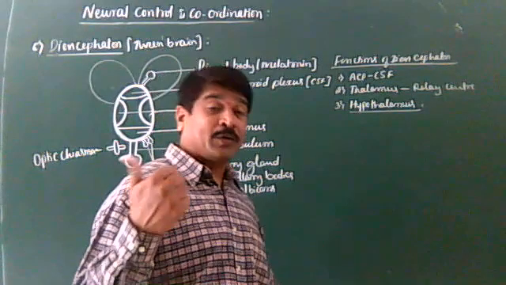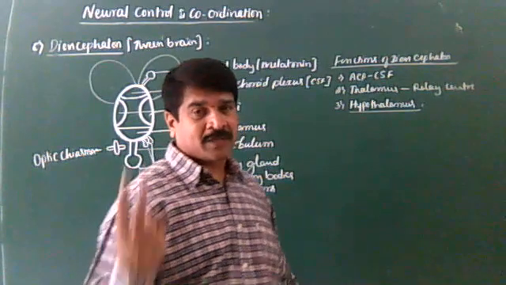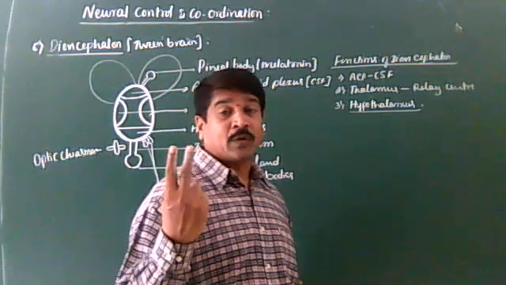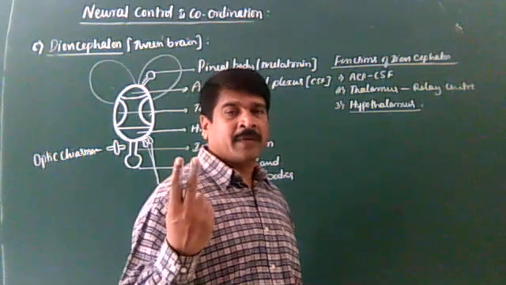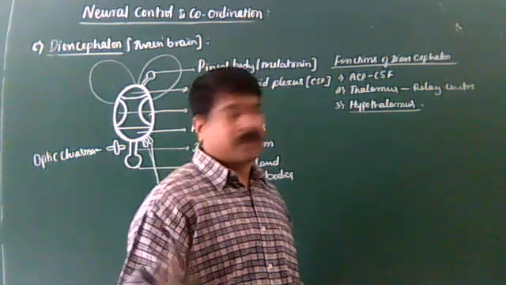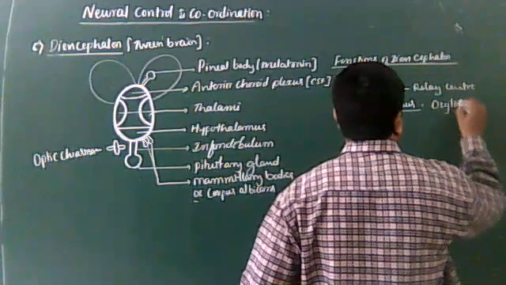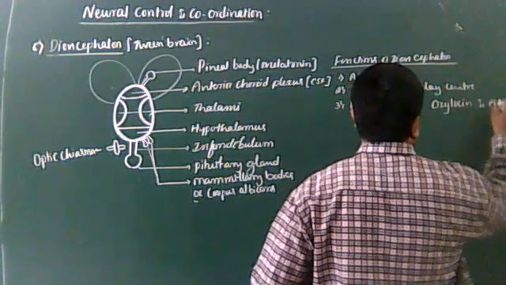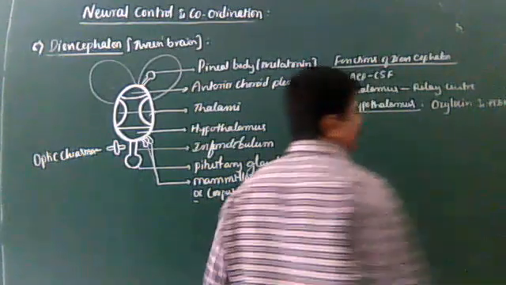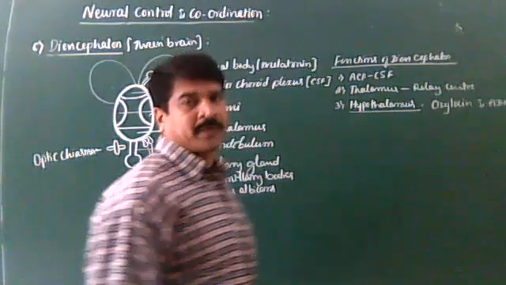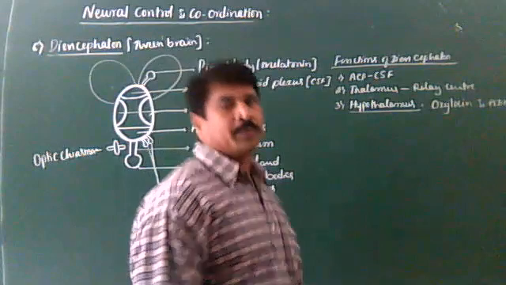In addition to these, it also secretes two hormones of the neurohypophysis, nothing but the posterior lobe of the pituitary gland. They are oxytocin and antidiuretic hormone.